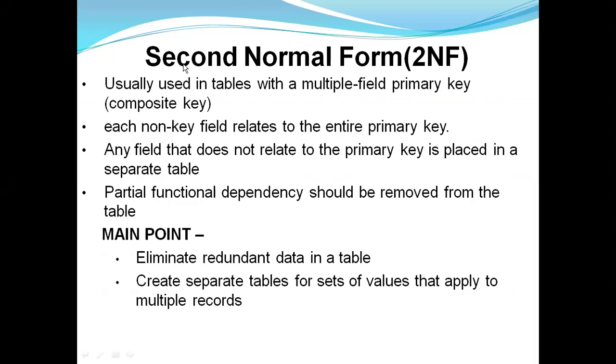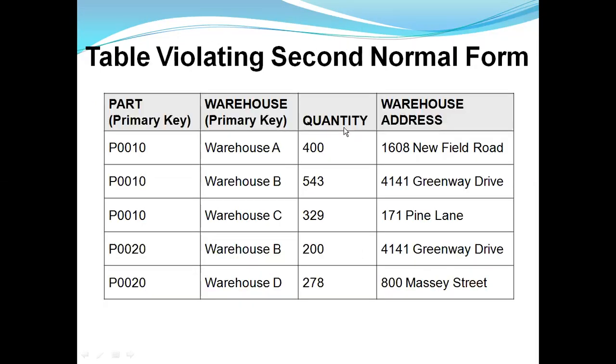So after the second normal form, we'll move to the third normal form. But before going to that, let's look at this example. Now this is violating the second normal form. Just have a look at this and check for a minute. What is the violation here?